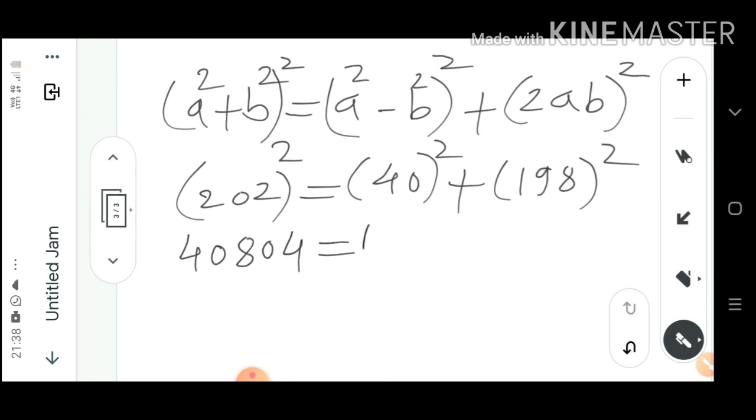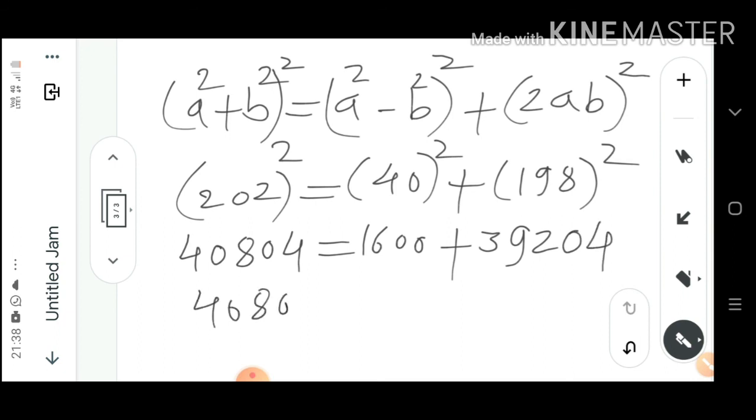That is equal to 40 square, which is 1600, plus 198 square, which is 39204. That means 40804 is equal to 40804. So these 3 numbers are a Pythagorean triplet: 202, 40 and 198.